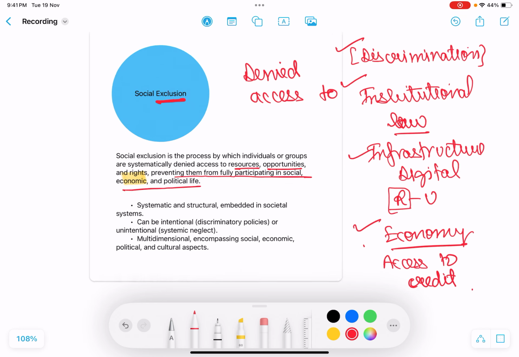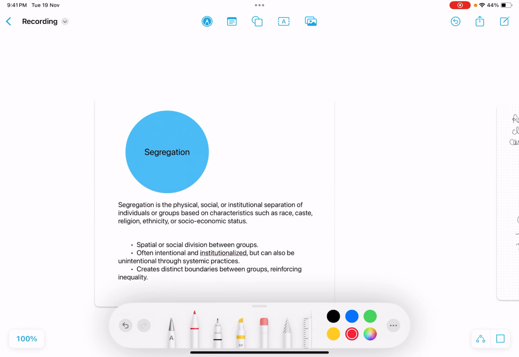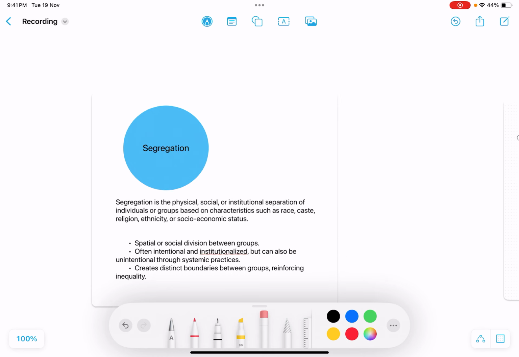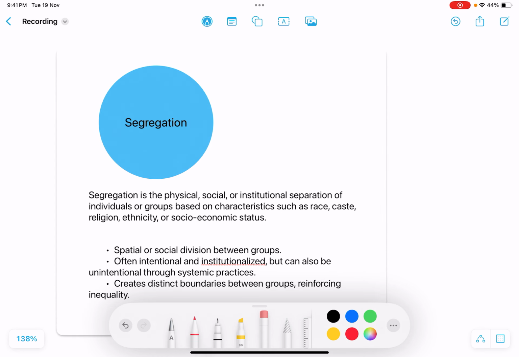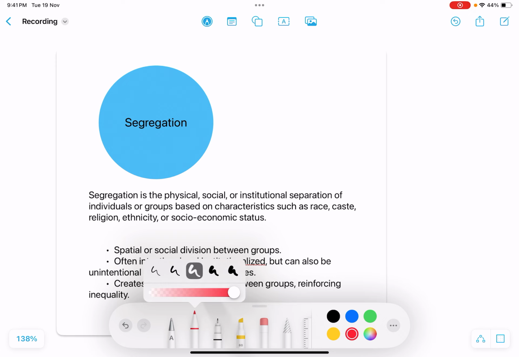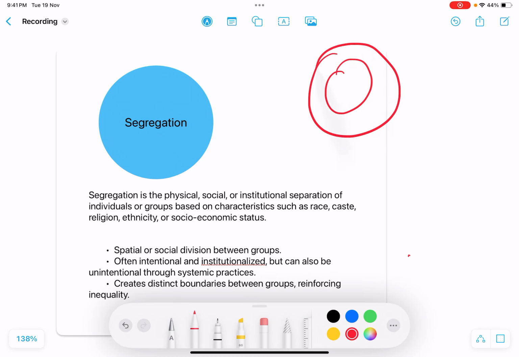And then moving on, right, to segregation. Okay, so what is segregation? All right, well, segregation basically means often separate and unequal. Separate and unequal.